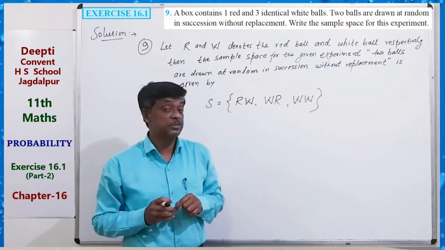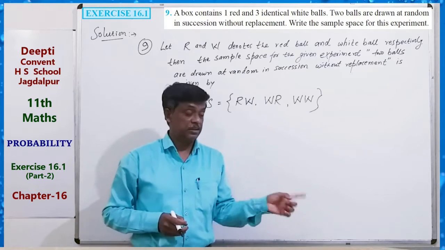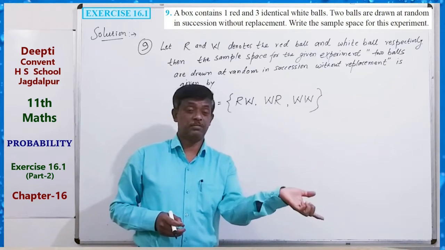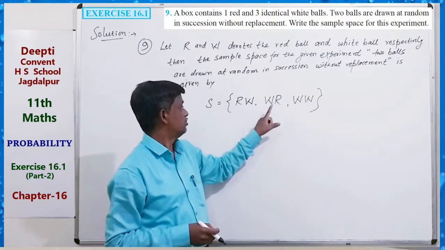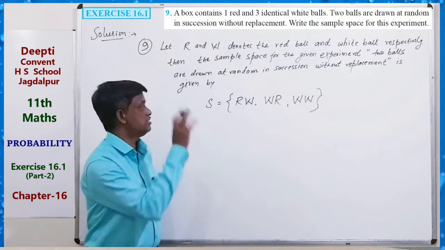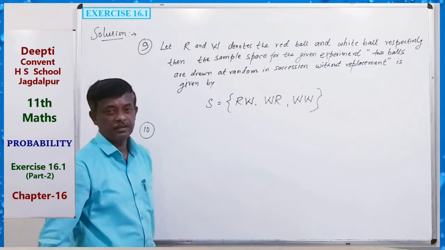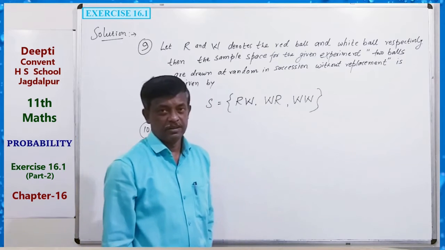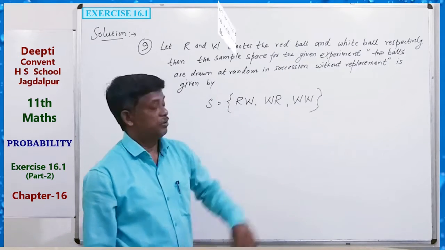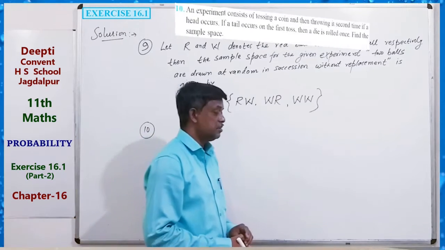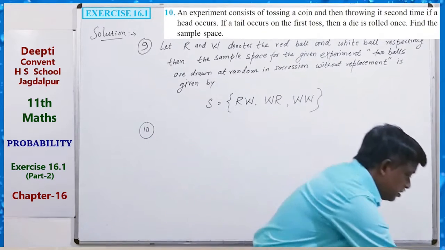If first we get white, then the second time we can get either red or white. So this is the correct sample space. Using this type of discussion, you have to write the sample space.